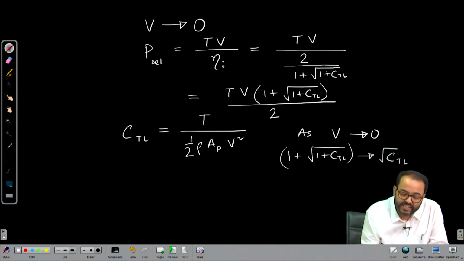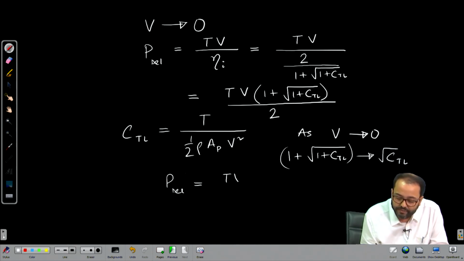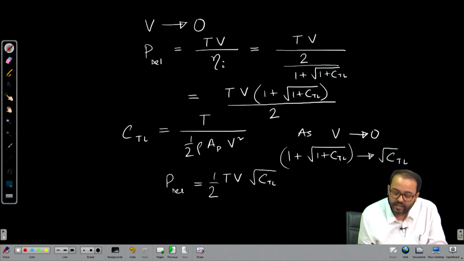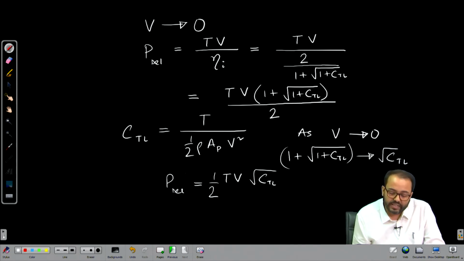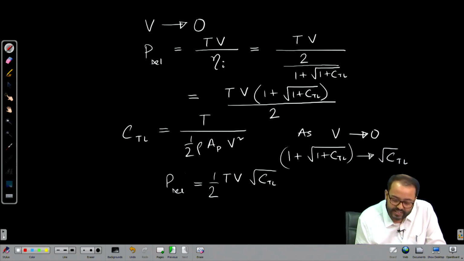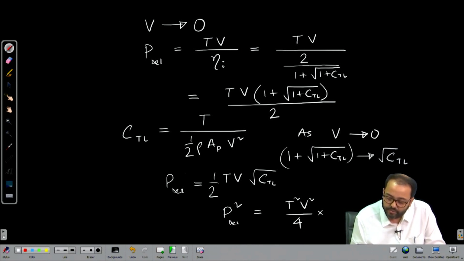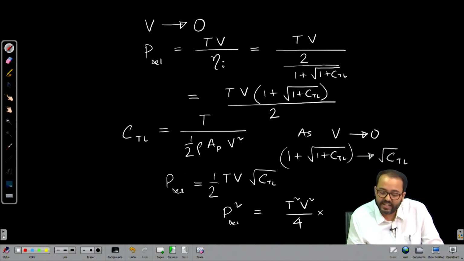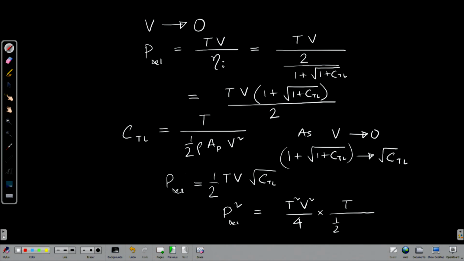Okay. So, we write the same equation, P delivered will be T V into root over CTL by 2. Okay. Now, if we take square, power delivered square will be T square V square by 4 into CTL. Now, what is CTL? CTL is T by half rho AP V square.